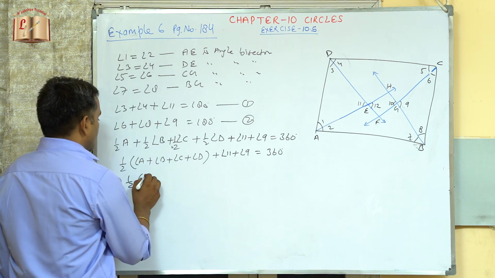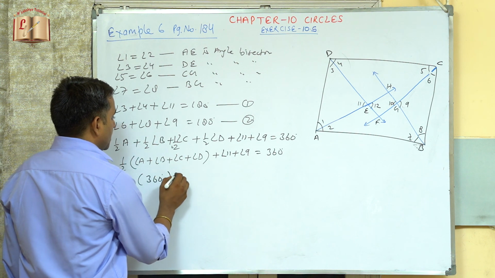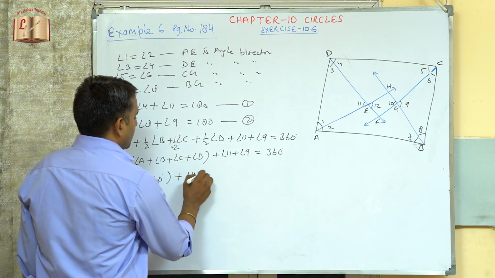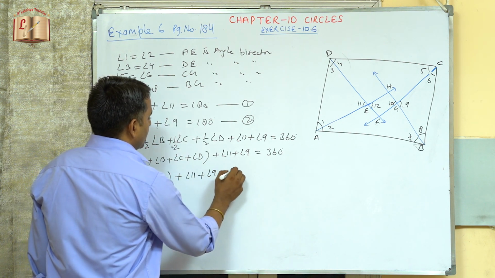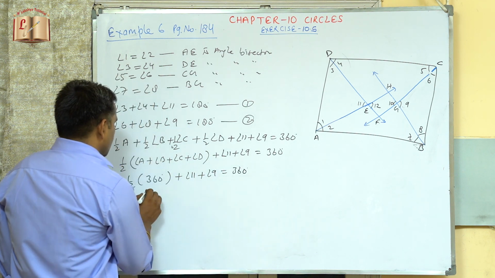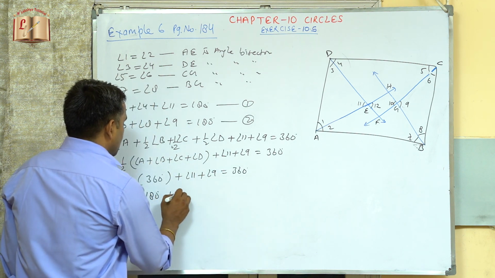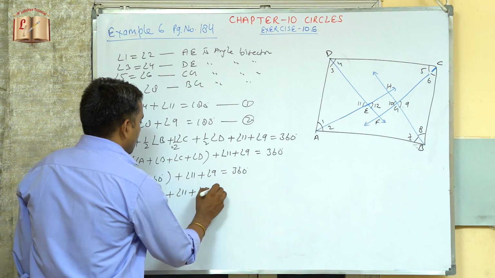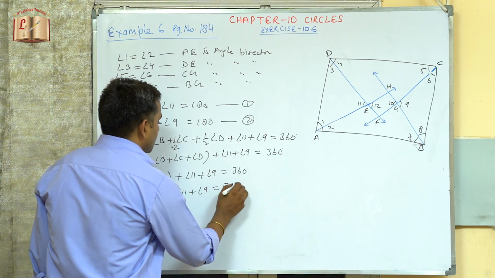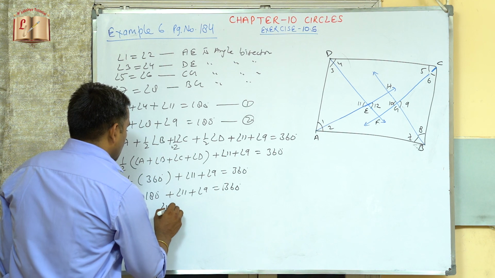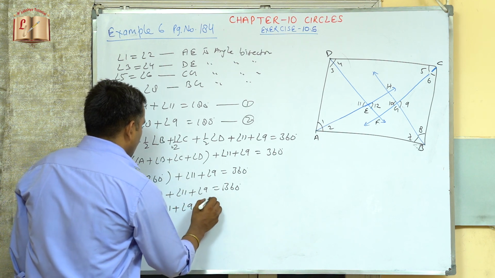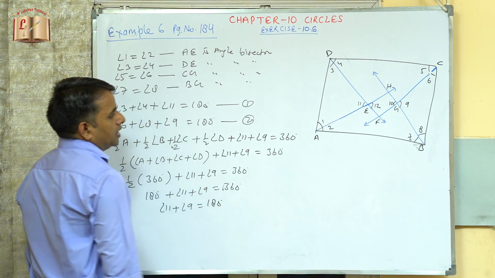So half of 360 degree, that is 180, plus angle 11 plus angle 9 will be equal to 360 degree. So angle 11 plus angle 9 will be equal to 180 degree.